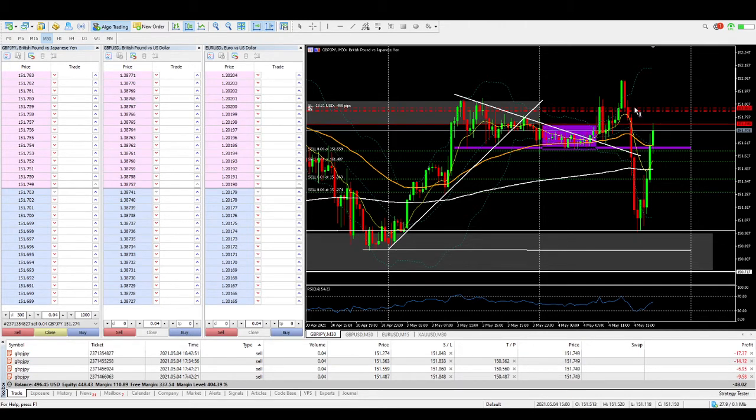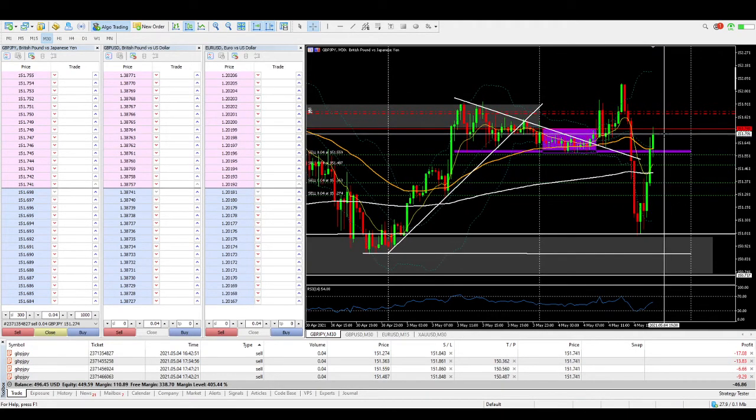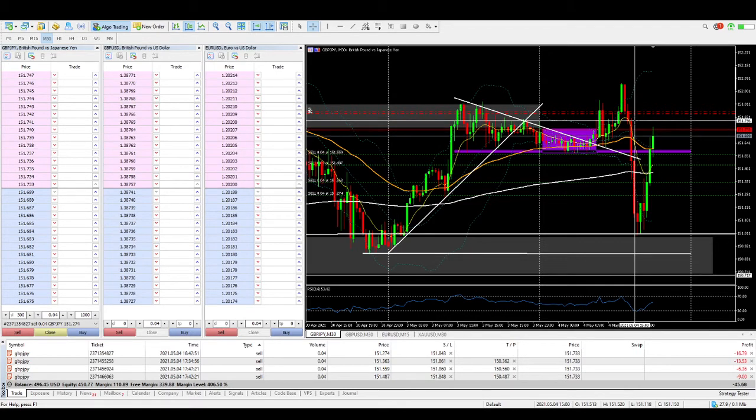Let me just put it up a little bit higher because the spread is around 5 pips. So 5 pips of this candle is about here. So I need to put it above the 5 pip spread.